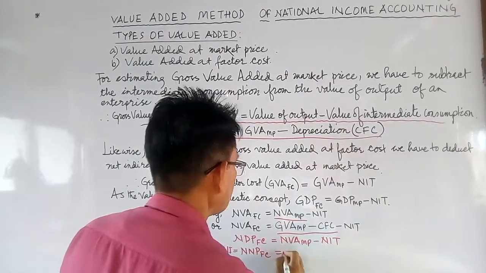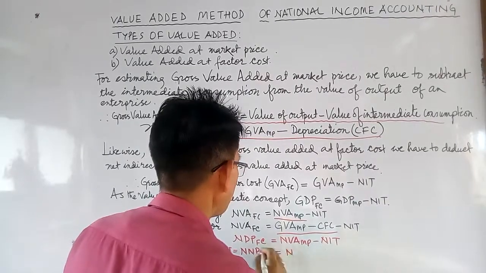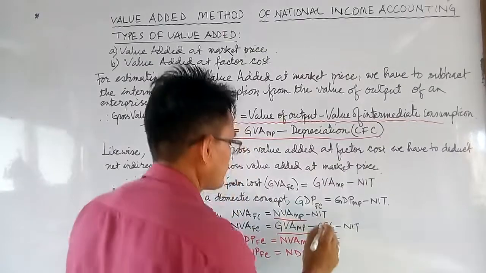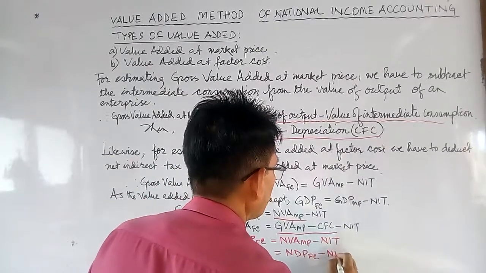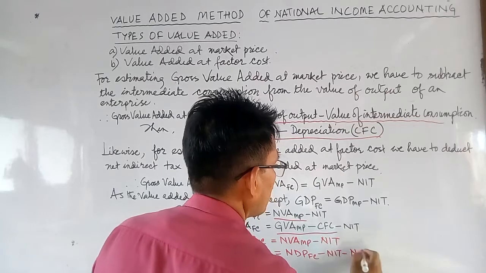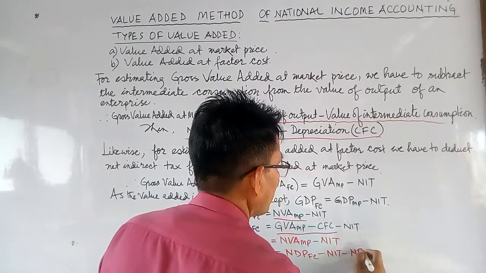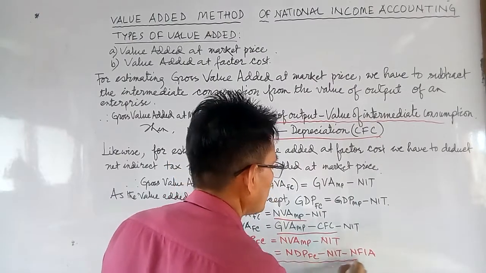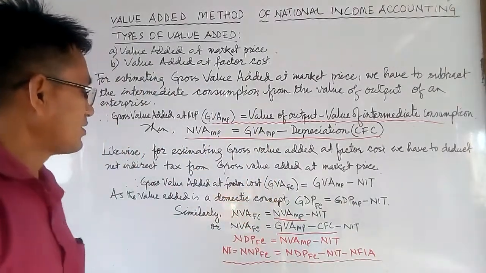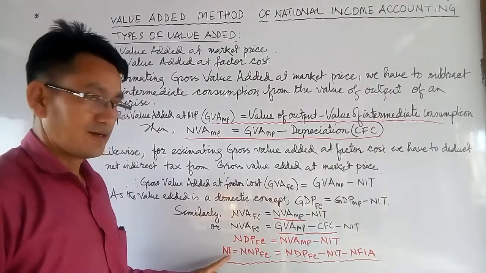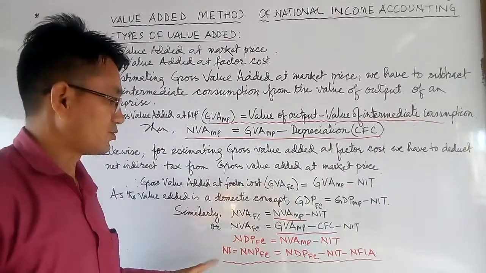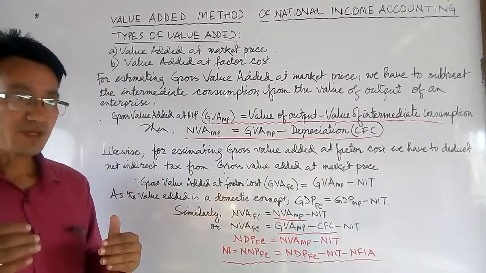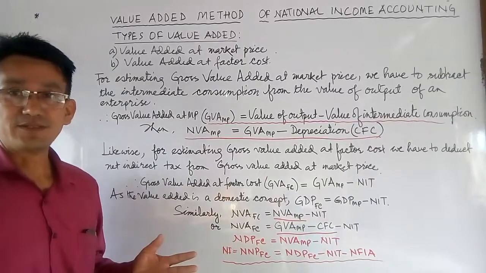We get NDP FC minus NIT minus NFIA. So this is national income calculation by the value added method. So we get national income from the value added method also. In this way we can calculate the national income by the value-added method.